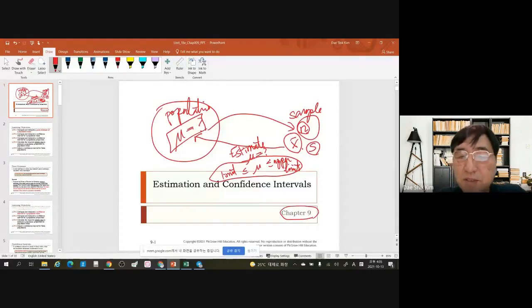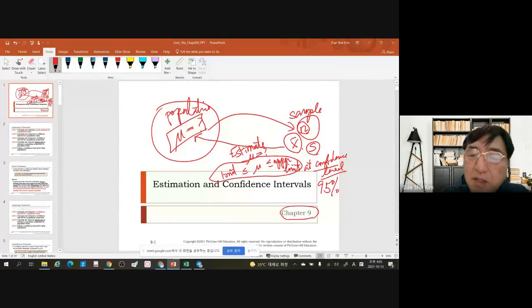We want to find this interval at a confidence level. Probably 95%: the probability that the actual population mean exists within the range is 95%. Then 95% is called the confidence level.